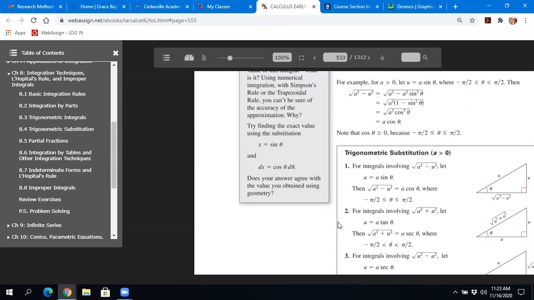But the point is to try to make the square roots vanish, yeah? Try to turn something that isn't a perfect square into a perfect square. Kind of like this right here, square root of a squared minus u squared equals a squared minus, what if you put u equal to a sine of theta? Well, a squared minus a squared sine squared of theta is this.